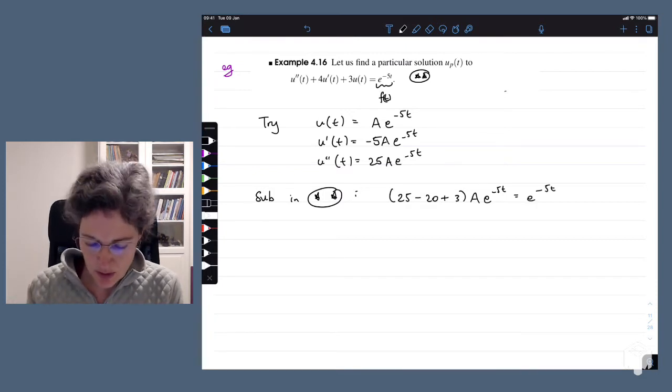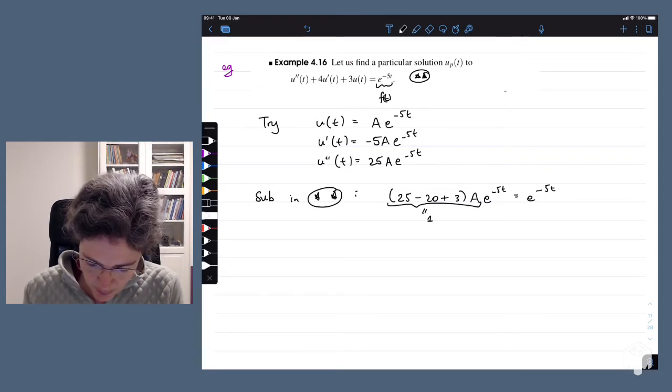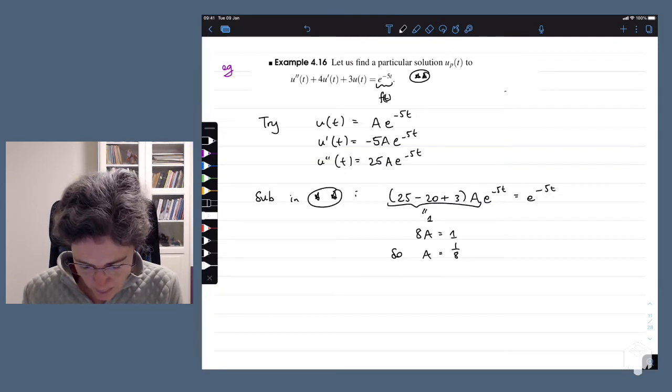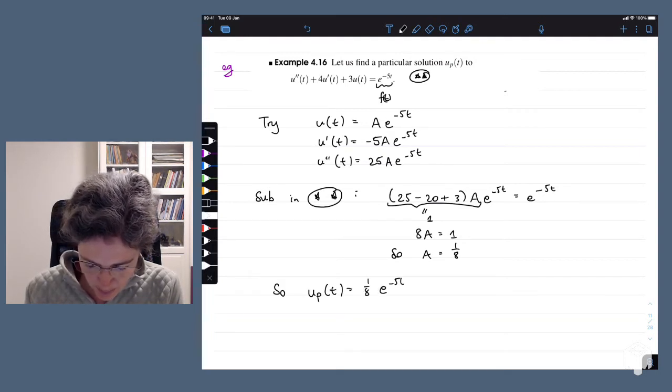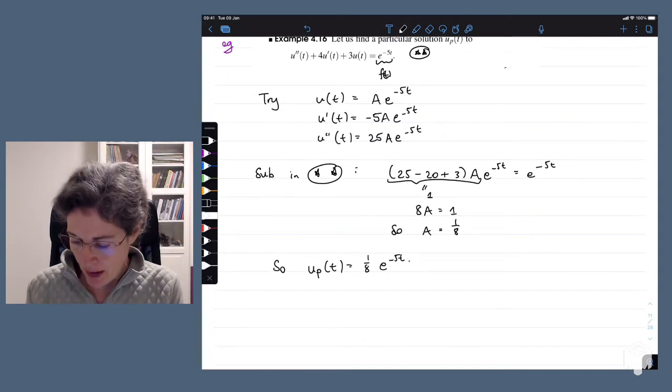So that's just rearranging some terms, from which you can conclude that this bit must all be equal to 1. So we must have that 8a is equal to 1, so a is equal to 1/8. So a particular solution in this case is 1/8 e to the minus 5t. Okay, one more example.